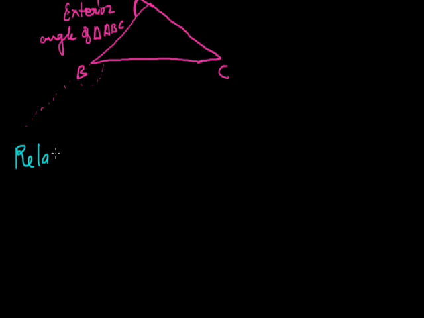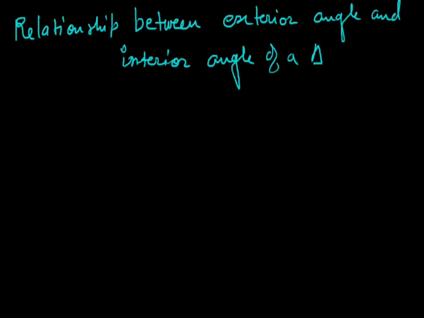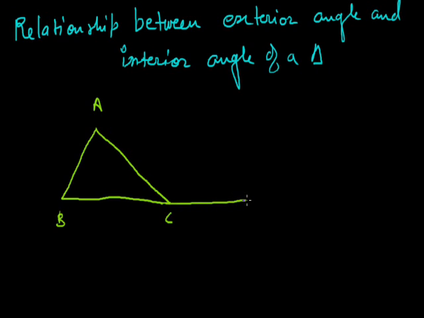Now there is a very important relationship between the exterior angle and the interior angle of a triangle. Now what is the relationship? If ABC is a triangle and if I extend this side to point D, then this angle, that is angle ACD, is equal to the interior opposite angles.